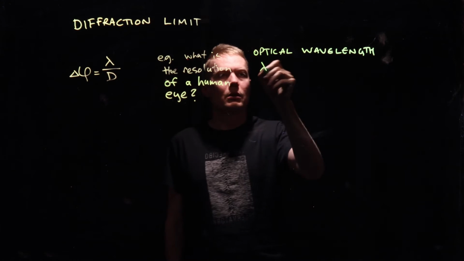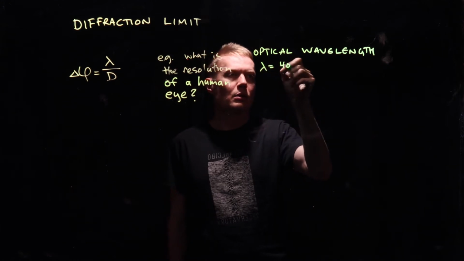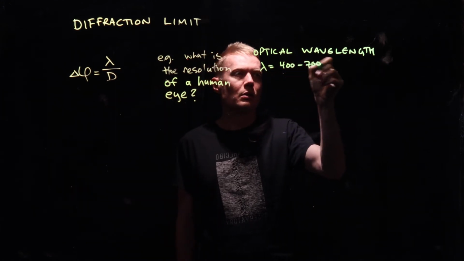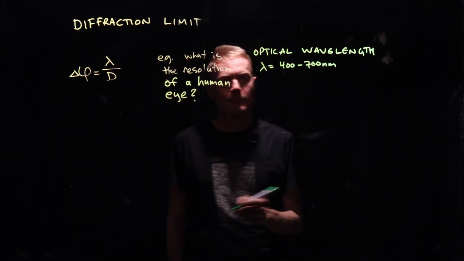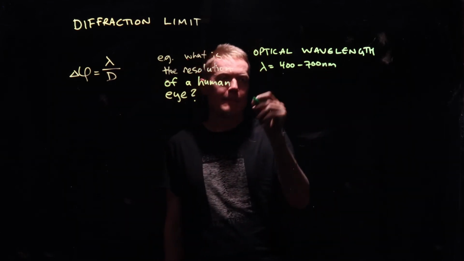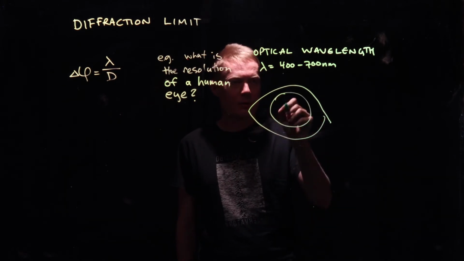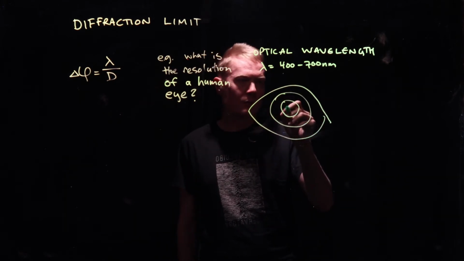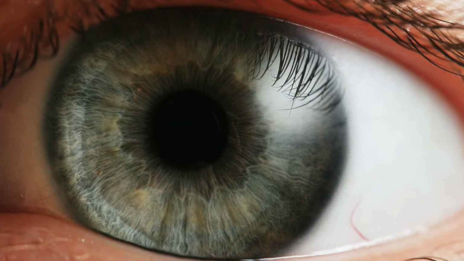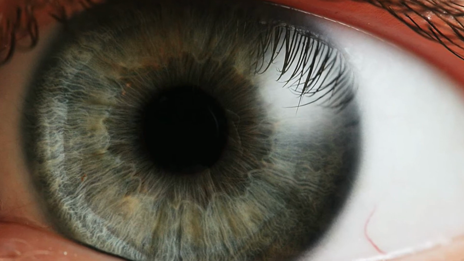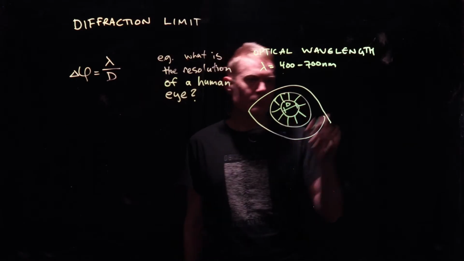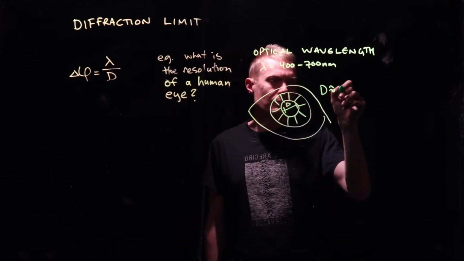The range of wavelengths that we can see with a human eye is approximately 400 to 700 nanometers. An eye is a very sophisticated optical system, but I'm going to make a lot of simplifications here. So this is a diagram of an eye. You've got the iris, which is the colored region, and then you have the black spot in the middle of your eye. This is called the pupil, and this is where light enters your eye.